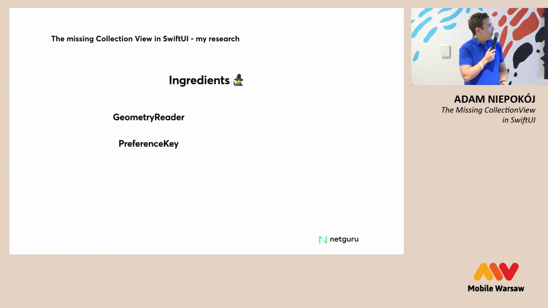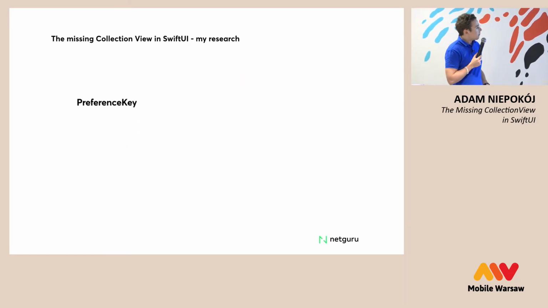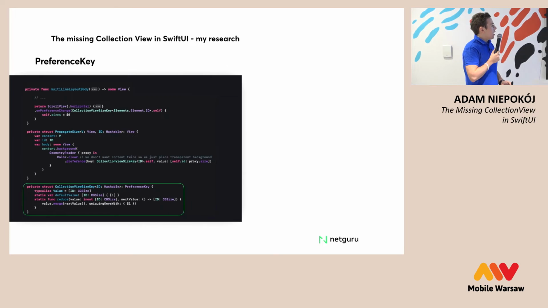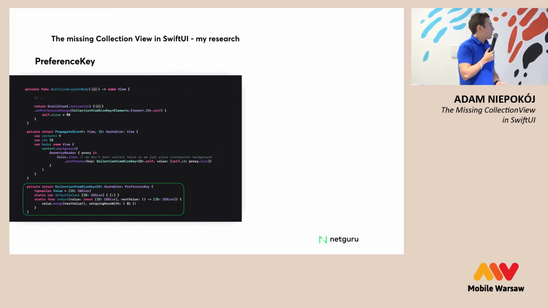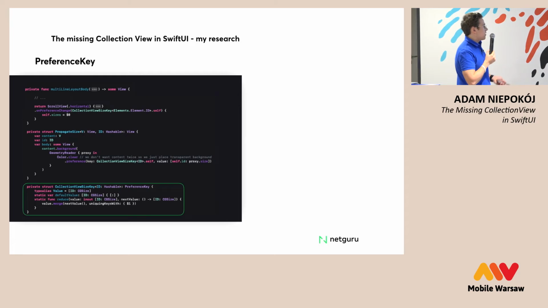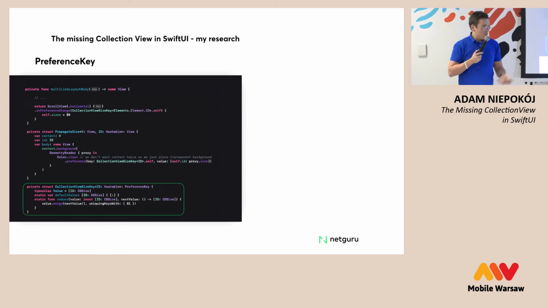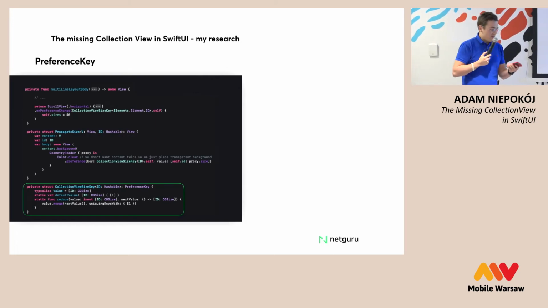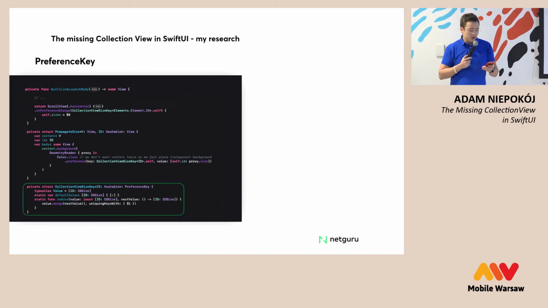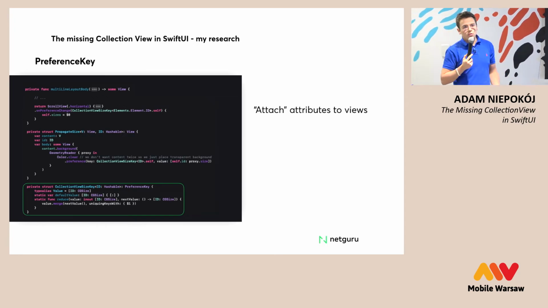The second ingredient that I needed to implement this was PreferenceKey. You may see it at the bottom, highlighted. It's actually a kind of struct that reduces values that we give it, and then returns a dictionary of these values, and we do that in order to attach some attributes to the view itself.